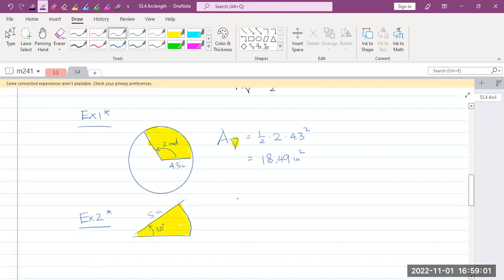The theta is 30 degrees, but don't compute from degrees. You need to convert that to radian first. Then the sector area will be 1/2 times the angle pi over 6 times the radius squared. This is 25 pi over 12 square inches.